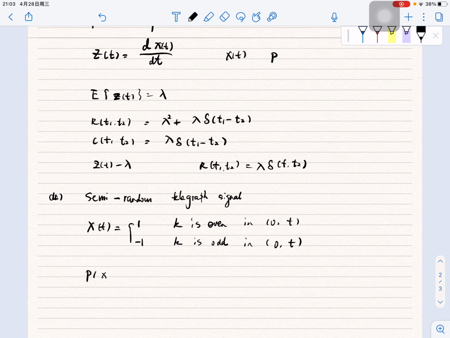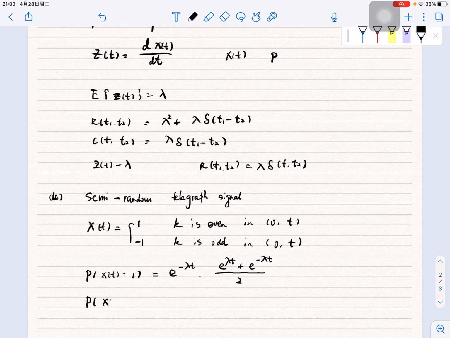The probability X(t) equals 1 equals e to the minus lambda t, multiplied by (e to the lambda t plus e to the minus lambda t) over 2.